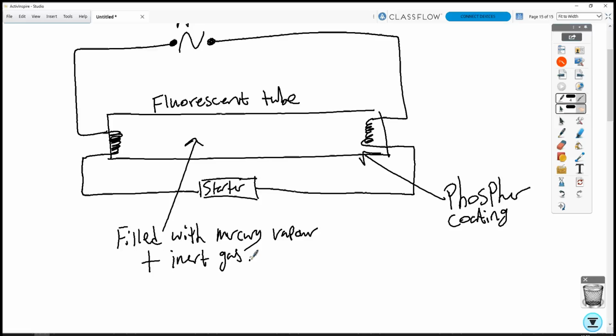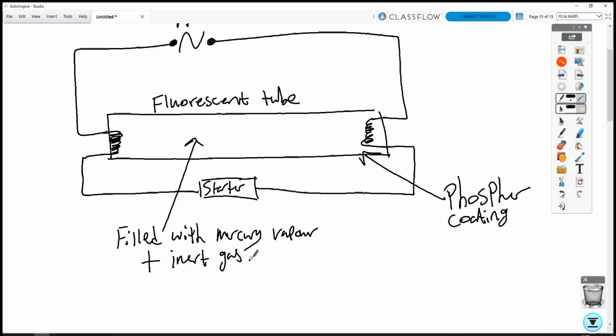But once the starter is disconnected, as those electrons are coming out, if this side is positive and this side is negative, now an electric field is directing them through, and because now this vapor path becomes the path of least resistance, you get a steady current flowing through the mercury vapor. Otherwise what happens is you have electrons going in random directions. The fluorescent tube, instead of lighting up across the whole tube, you get small little flickers on the edges if you didn't have a starter.